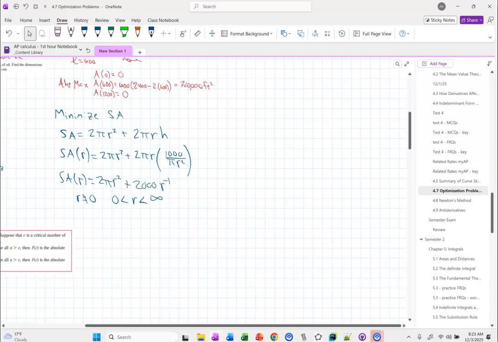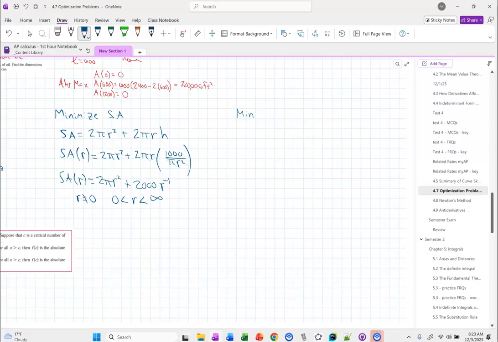So what are we going to have to do? So I need to check the limit as r approaches the endpoints of SA of r, and SA of r at the critical values.